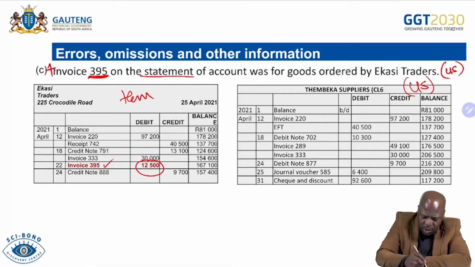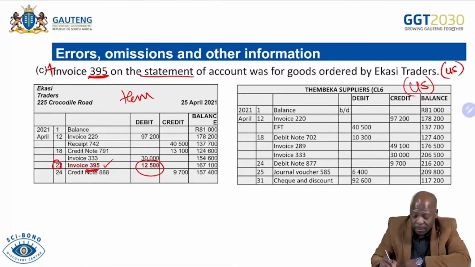Do we see any transaction of the 22nd in the ledger? No. Do we see any invoice 395 in the ledger? Are you still looking? I don't see it.